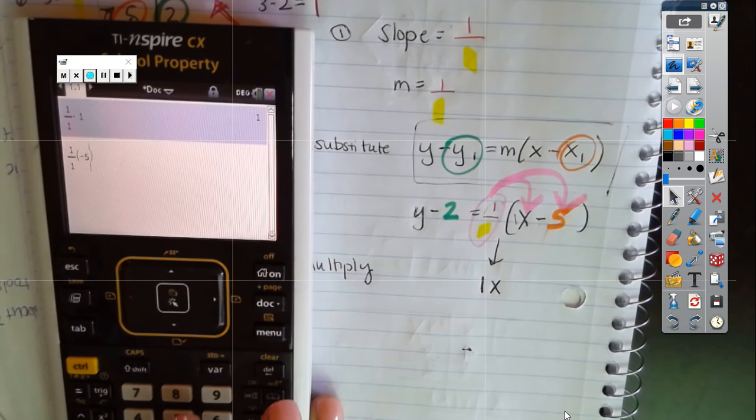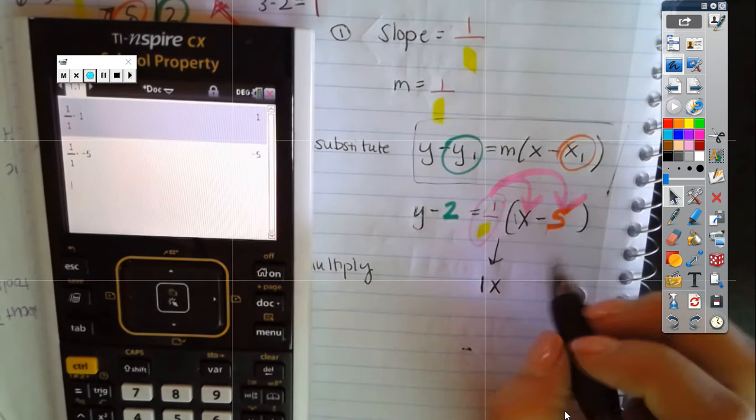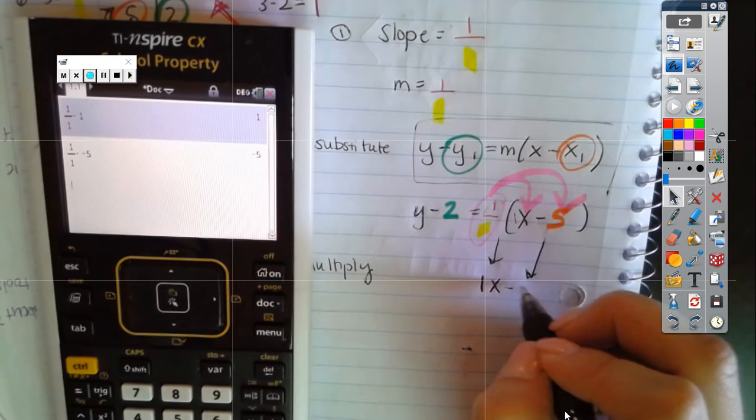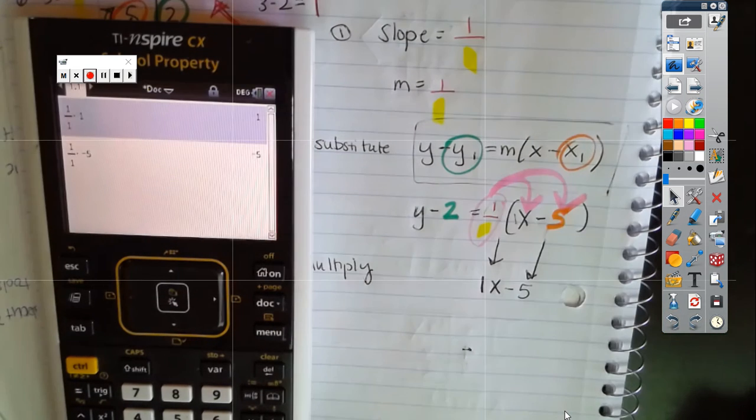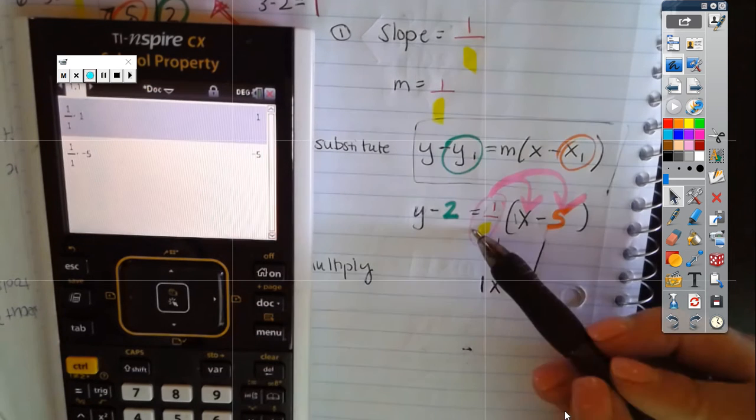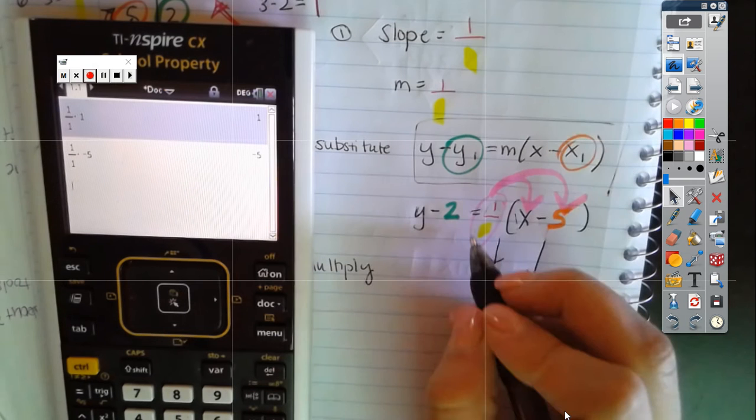Make sure you put negative and not minus, because it will give you the incorrect answer. Press enter. Again, you're multiplying by 1, so no surprise that that equals the same thing, minus 5. That's why I said you don't need a calculator, because you could just multiply 1 times 1 in your head and 1 times negative 5 in your head.